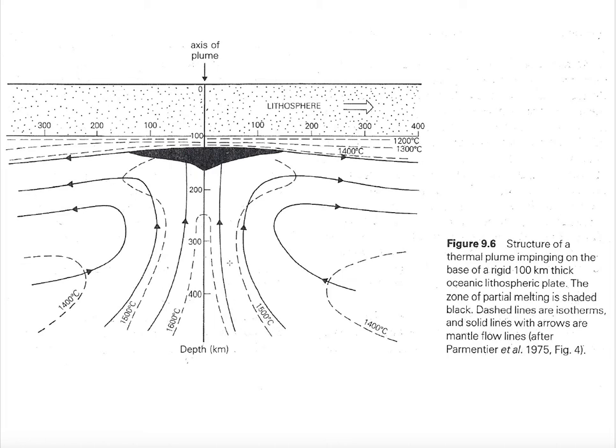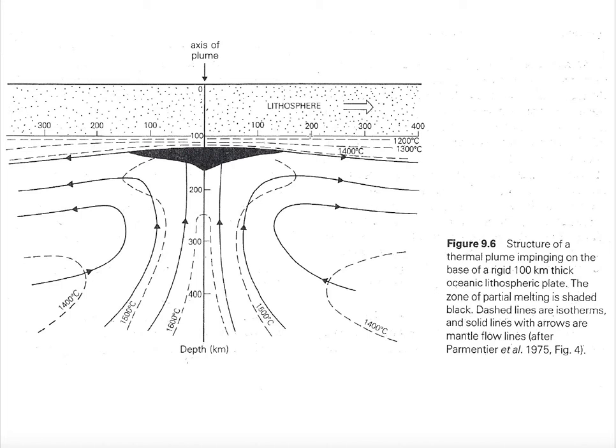Here very close to the axis of the plume it is very hot. Here we are facing temperatures of 1500 degrees, and very close to the axis even 1600 degrees Celsius. And here at the bottom of the lithosphere we have of course 1200, because the boundary between lithosphere and asthenosphere is a thermal boundary.